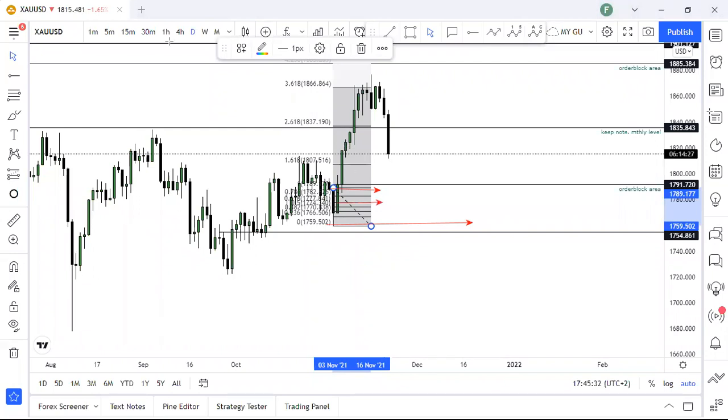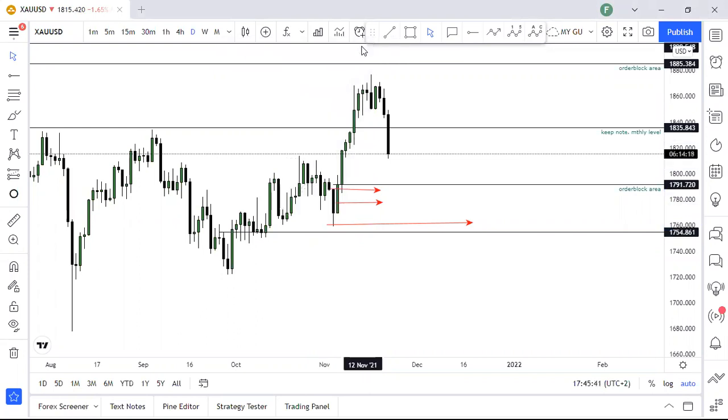That's why I said in the order block area, fibs are very easy to use once you understand how it all works, because 50% is just 50% of the candle. If you know where 50% of your candle is, you know where 61.8% and then the 72% are. So basically, this is the area that we need to be watching out for.